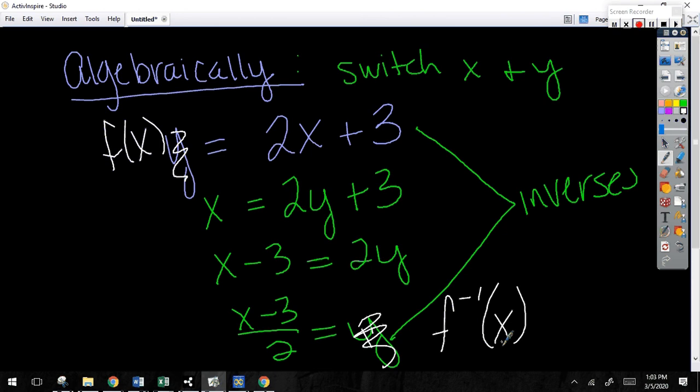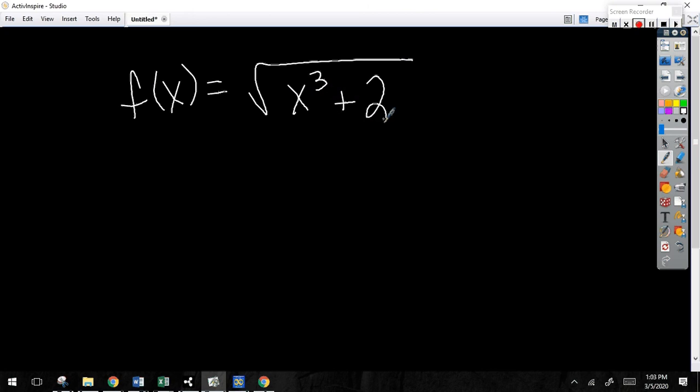So if you see that, that's what that means. All right, let's look at this one, see if you can find the inverse here. Let's say f of x equals the square root of x to the third plus 2. And I said find an equation for the inverse. Tell me what you do first.